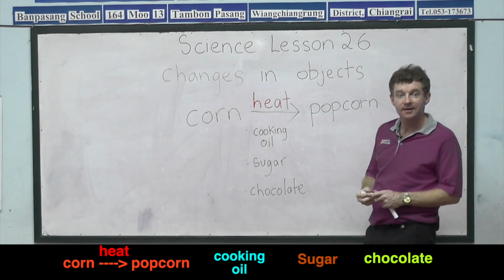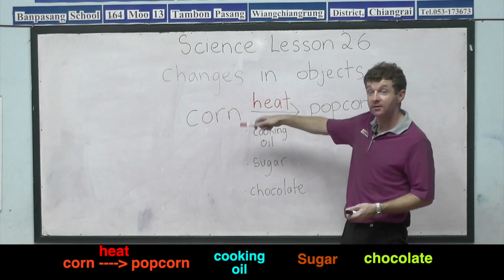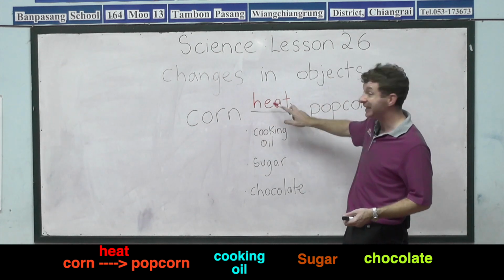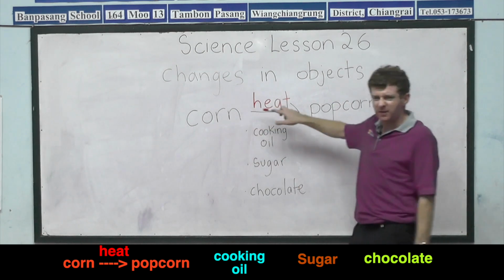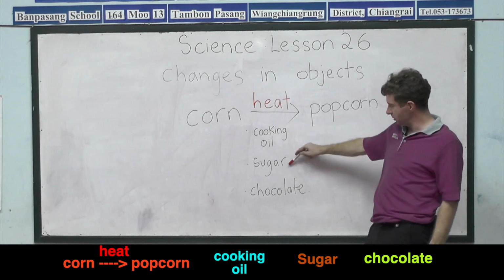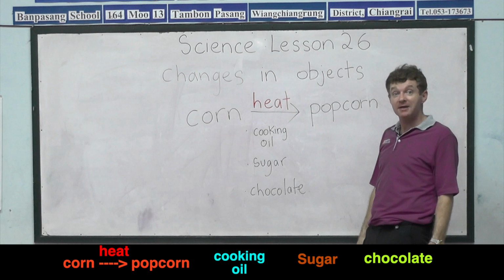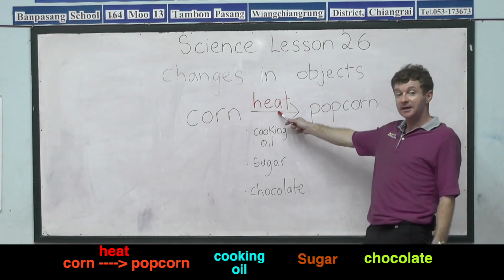Heat. That's what made the popcorn. That's what caused the change in the object. If we didn't use heat, if we used these three items, it wouldn't change. The thing that makes the corn change into popcorn is heat.